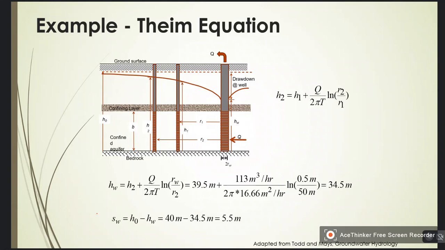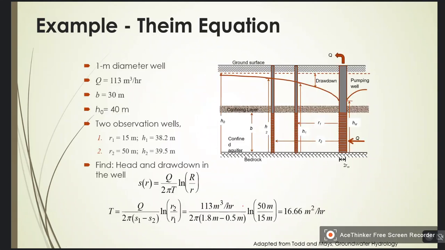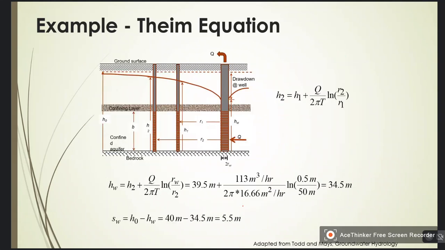What you can write is H1 plus Q by 2 pi T log RW by R1. This is the same Q, right? This is the problem given to you. So you should get this same value.